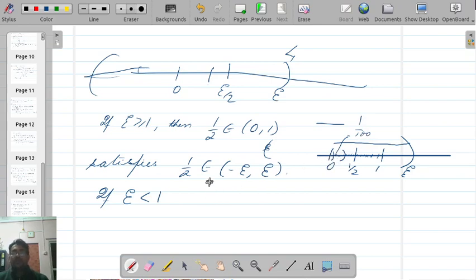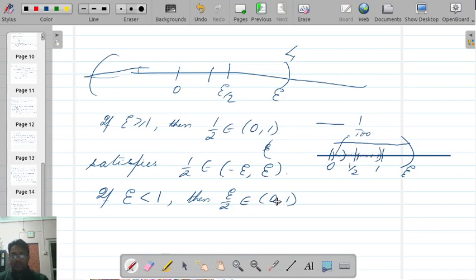So in this case our choice of the point inside the set 0 1 will depend on the choice of epsilon. So if epsilon is less than 1, we take epsilon by 2. This is a point inside 0 1. Epsilon is less than 1, right? So epsilon by 2 is a point which is less than epsilon and which is also less than 1.